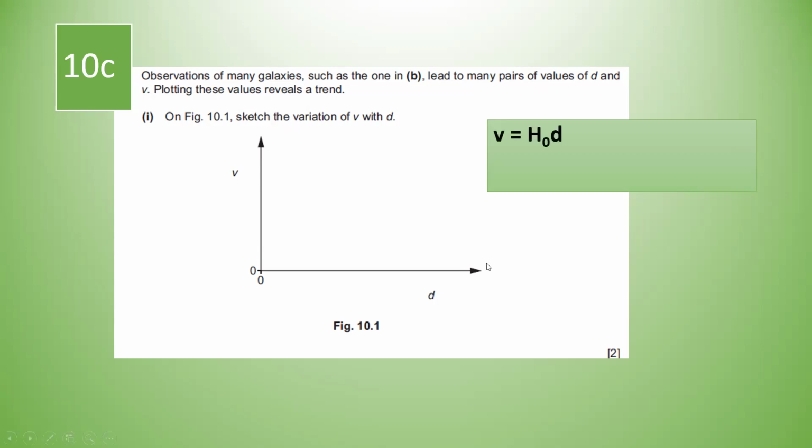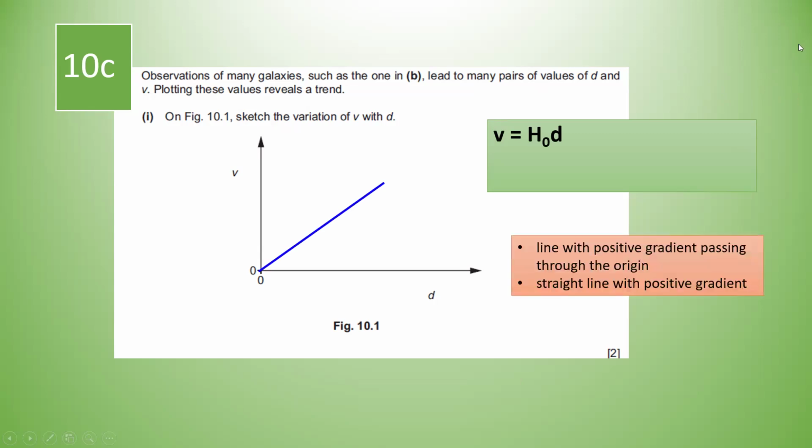Basically, we are using this formula. H naught is a constant, so v is directly proportional to d, so it's a straight line passing through the origin. A line with positive gradient passing through the origin.